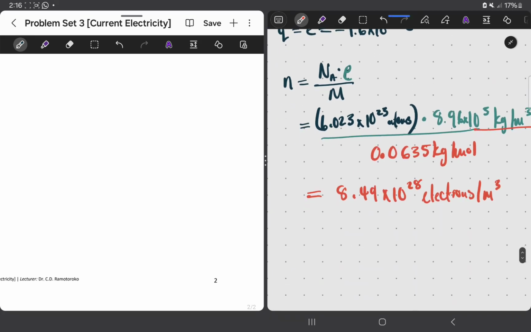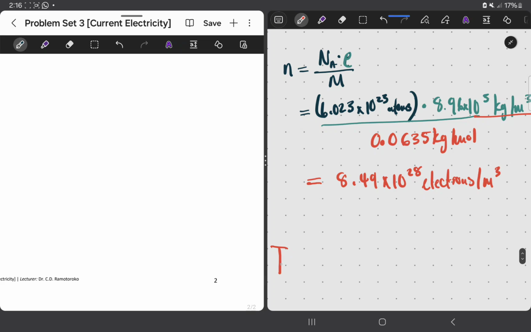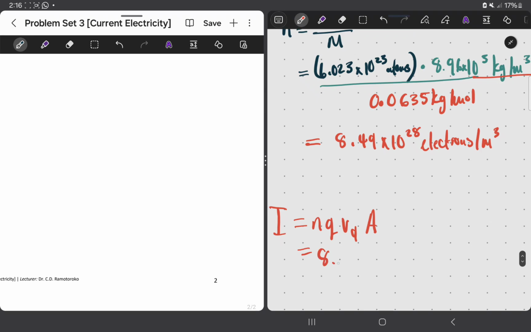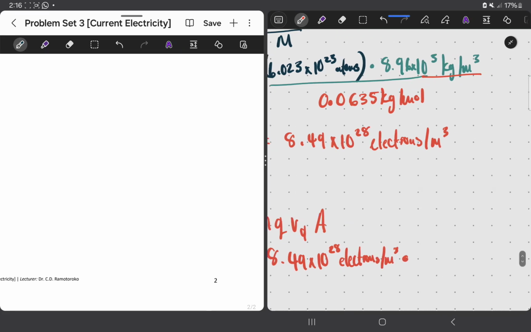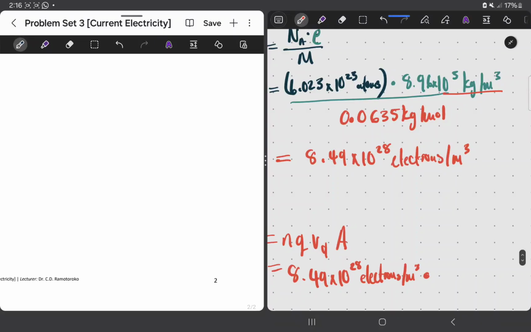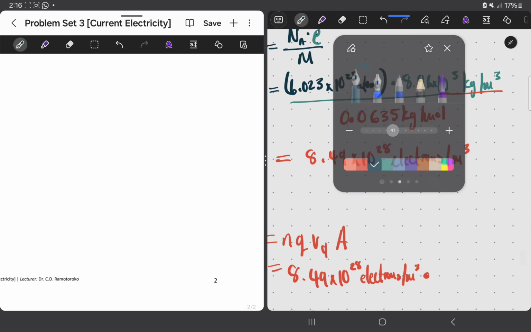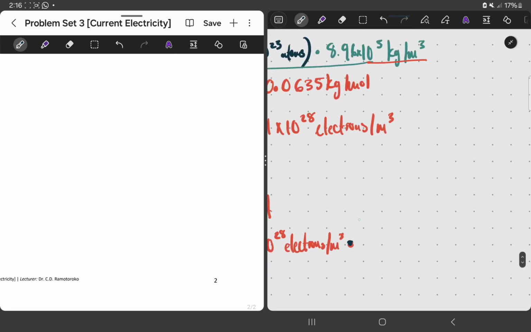Now, once I have this, I can come below and say I is equal to N Q VD times A. N is 8.49 times 10 to the 28 electrons per cubic meter, multiplied by Q, which is e, the charge on one electron, negative 1.6 times 10 to the negative 19 coulombs.